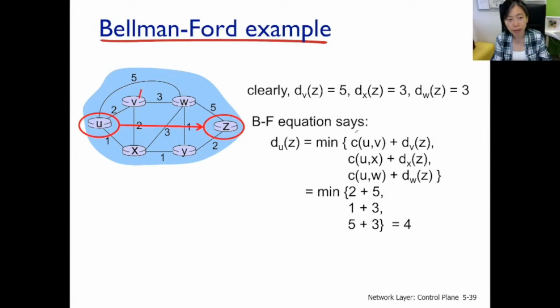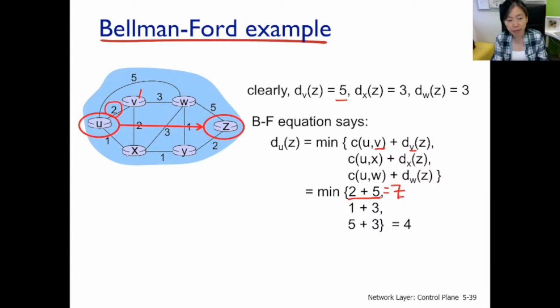So let's take the first neighbor V. The link cost from the source to V is 2, and dVZ is 5. So we have 2 plus 5: from U to Z through V, the cost is 7.